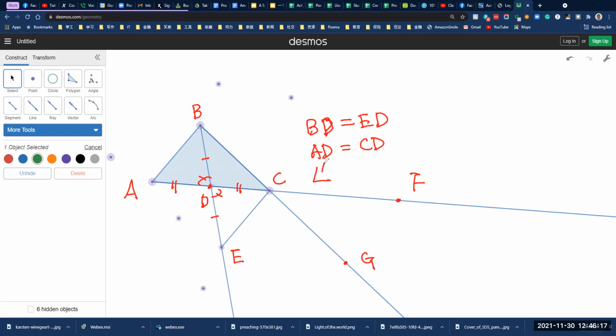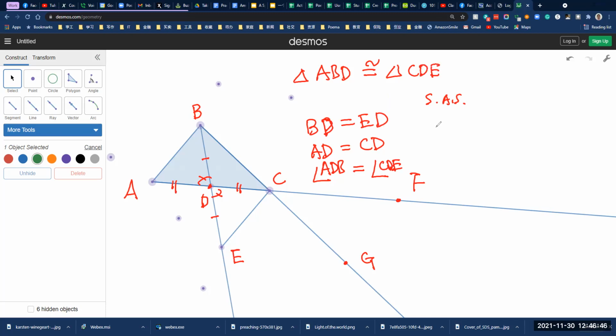So we know angle ADB is congruent to angle CDE. So therefore we have side, angle, side. So now we know two triangles, triangle ABD is congruent to triangle CDE, right?